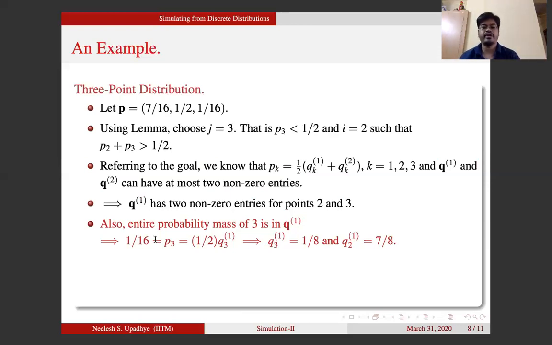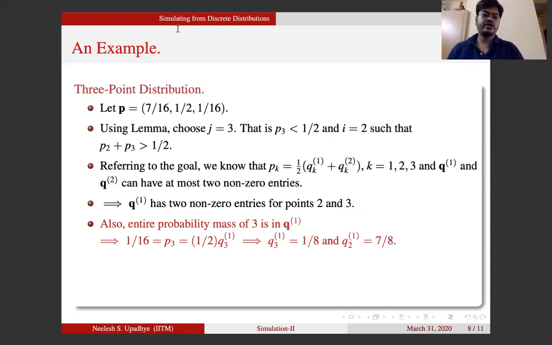That will be equal to 1 by 8. Now q1 has non-zero probability masses only at points 2 and 3. That is already decided, and q1 should be a valid probability mass function. So what will be q12? 1 minus q13. That is 7 by 8. So I have decided what should be this probability mass at point 2. Now I want to analyze the corresponding impact of this particular assignment q12 on q22.